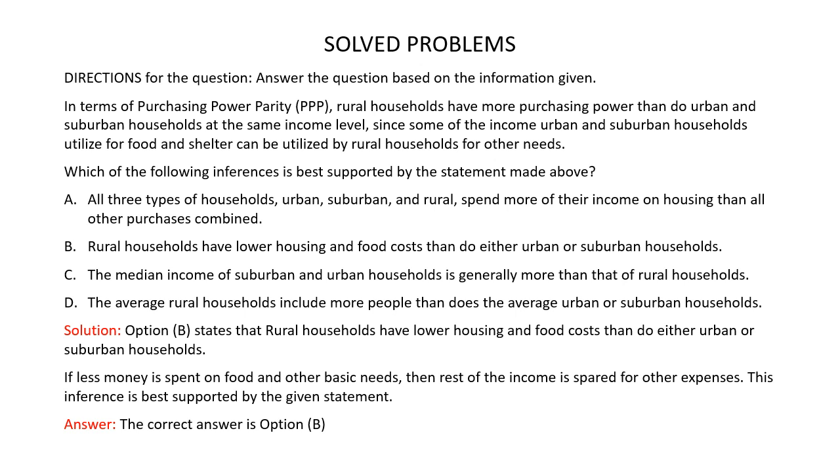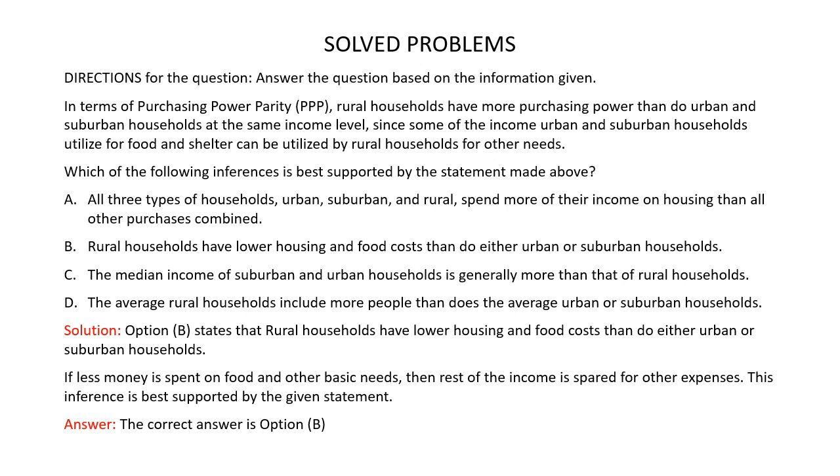Now, when you read all the given answer options, you'll see that only answer option B is best supported by the given statement. Now, option B states that rural households have lower housing and food costs than either urban or suburban households.